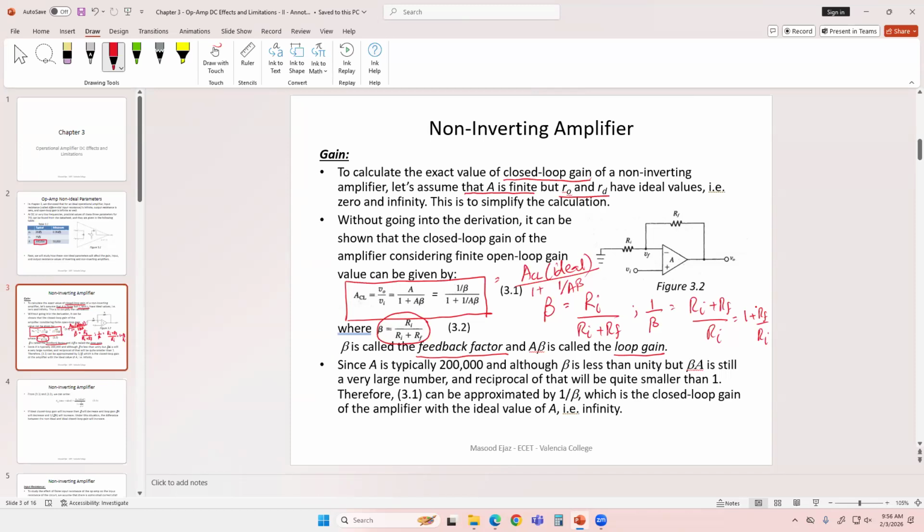And if you multiply that by 200,000, then A times beta will still be a very large value, and the reciprocal of that is going to be very small, 1 over A beta. That means we can pretty much ignore this, and you will have 1, which means your ACL non-ideal will be approximately equal to ACL ideal value for practical cases, because R input and Rf are usually not that different from each other. Your gain is usually like 10, 20, 30, something like that.